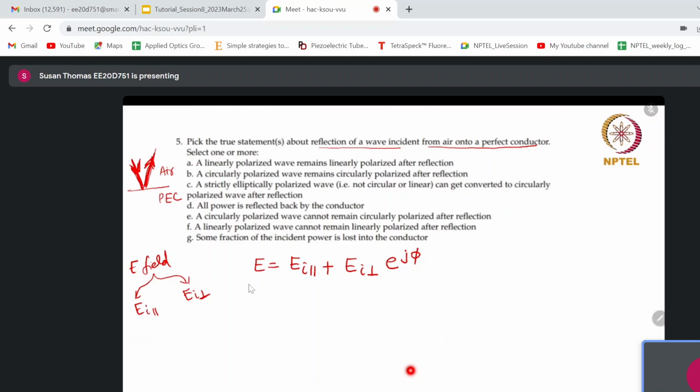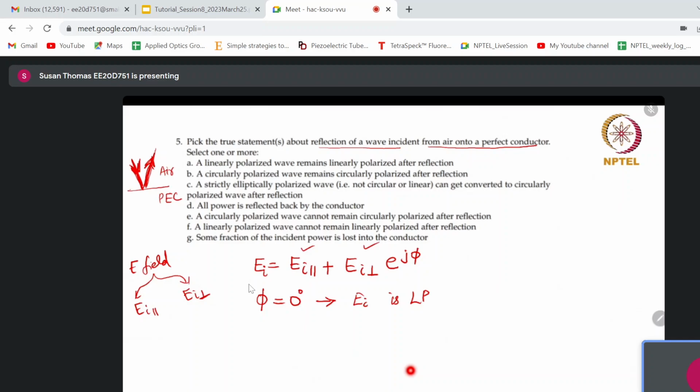So let's assume that these are the two components, and that the angle between those two components is 0. If the angle between the parallel and perpendicular component is 0, then we say that the incident field is linearly polarized.